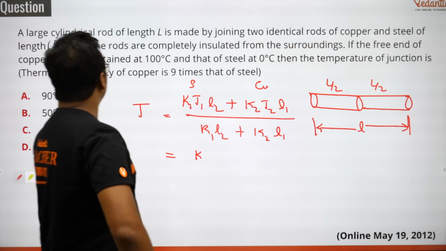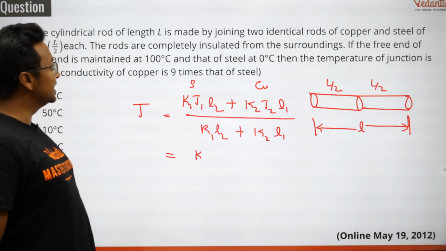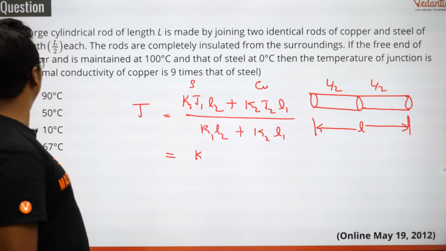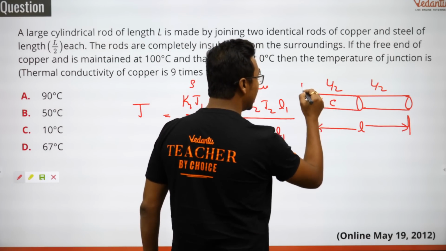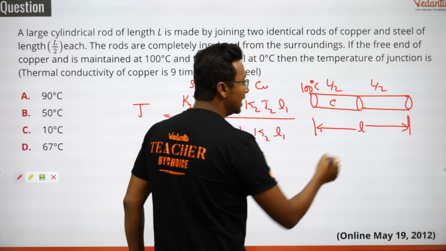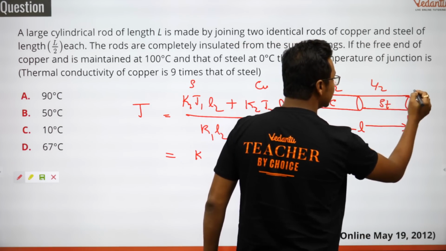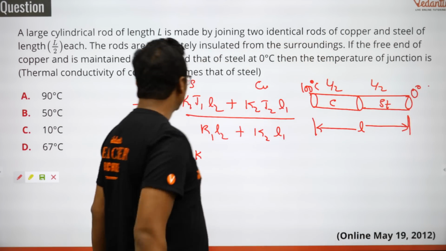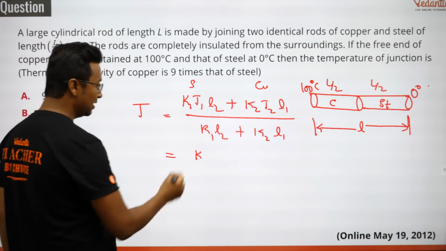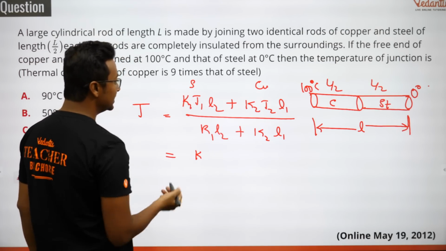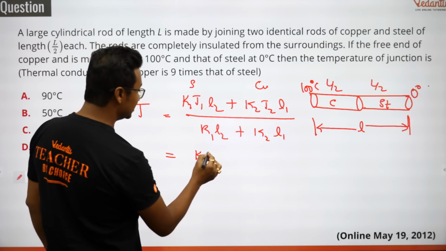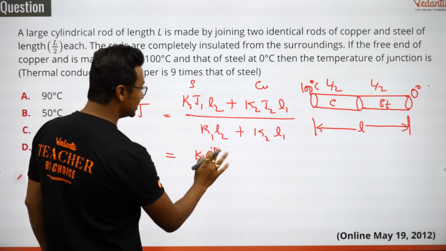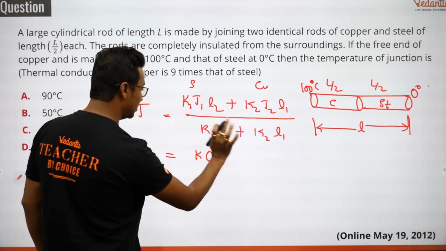Now the rods are completely insulated from the surroundings. If the free end of the copper is maintained at 100, so this is your copper at 100, and this is steel, this is at 0 degrees. I am taking this part as steel. So I can see very clearly that this is K, T1 is 0 degrees.